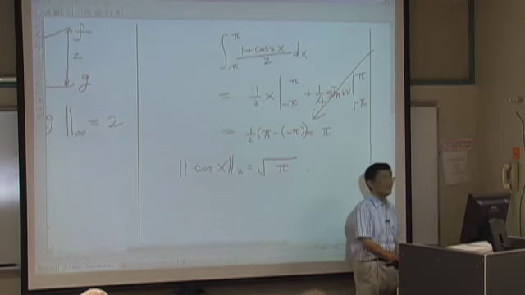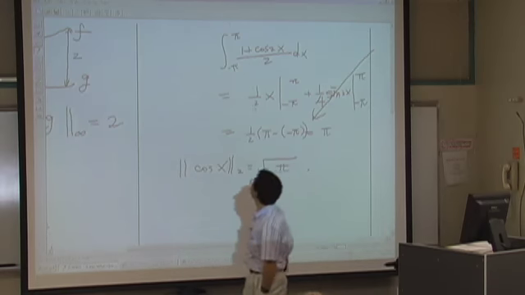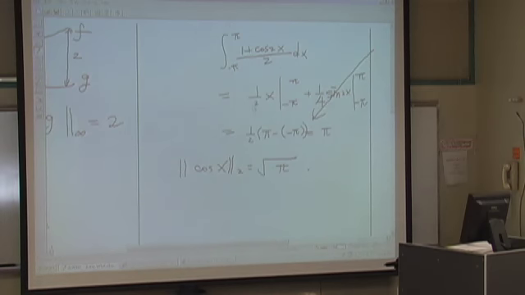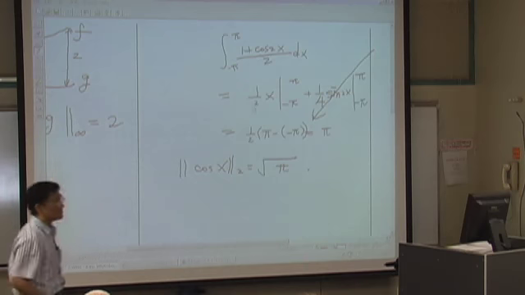So you have 1 minus cosine 2x here, 1 minus instead of 1 plus. And as you know, the cosine portion didn't even contribute at all in the integration.